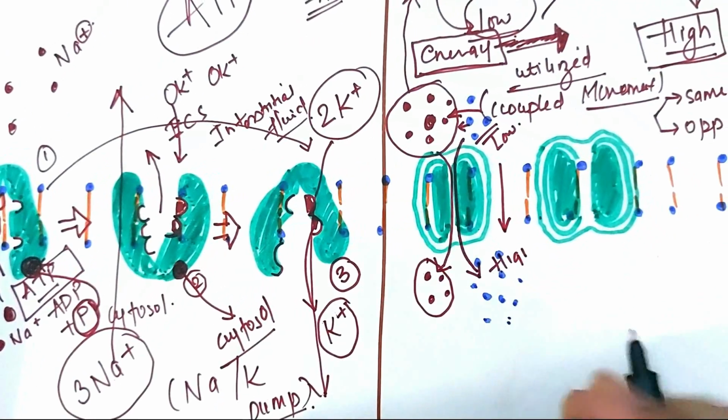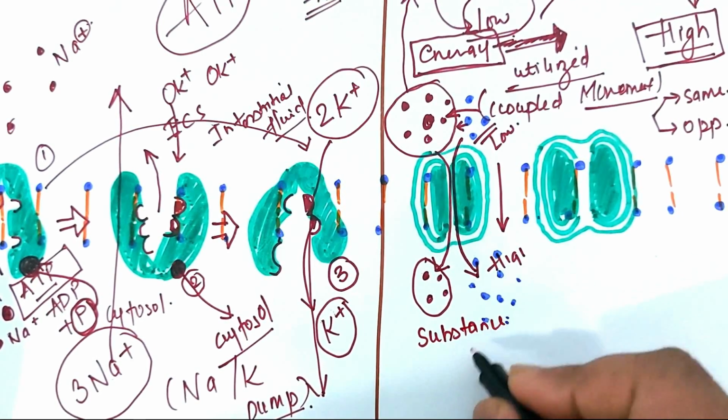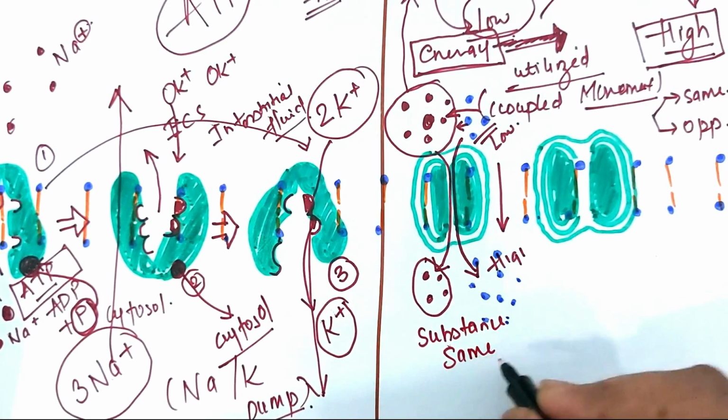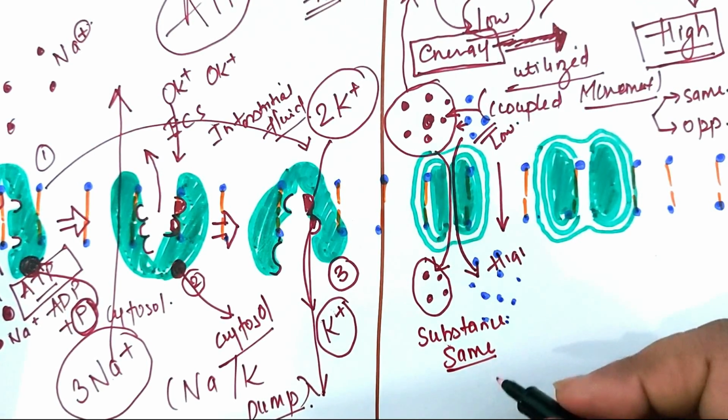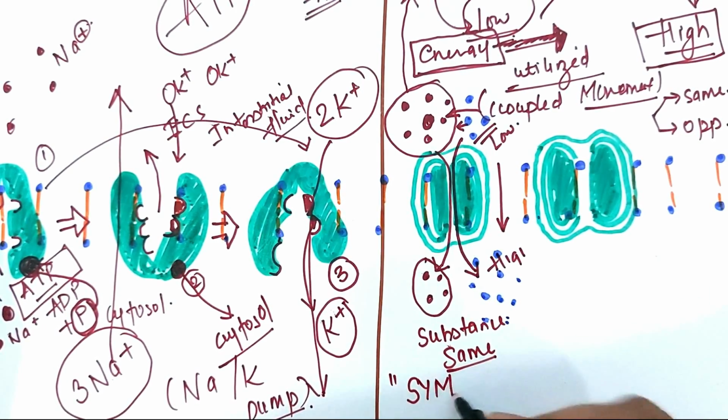When two substances move in the same direction, from outside to inside or inside to outside, these are called a symporter, in the same direction.